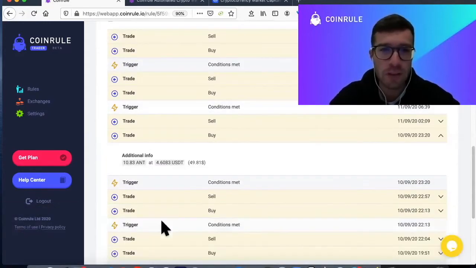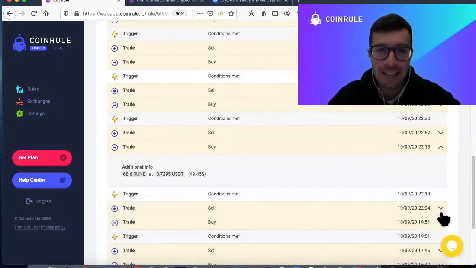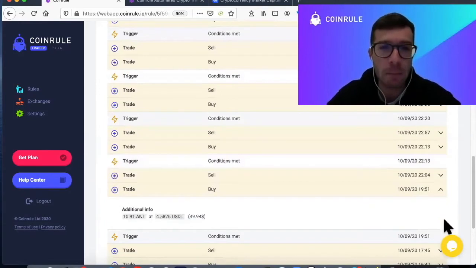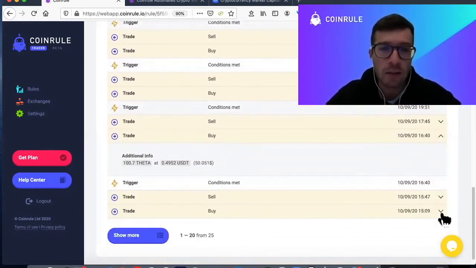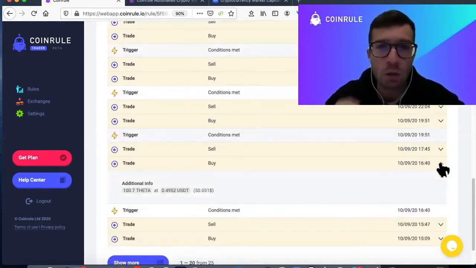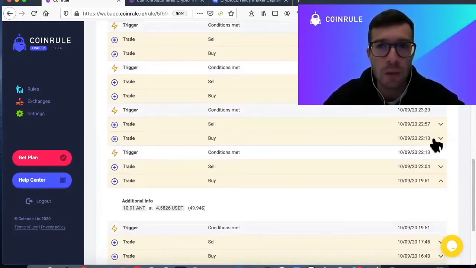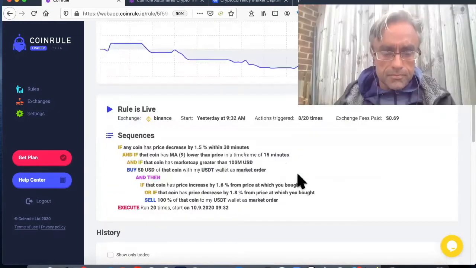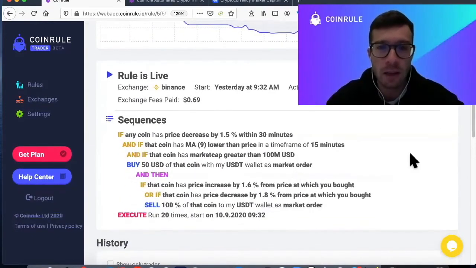I will tell you the secret. I was keeping an eye on this rule, and I saw that yesterday it traded many times Ren Torchain. So that means that the rule, I wanted to set up a very strict parameter. The rule was buying the dips of coins that have the price above the moving average 9.